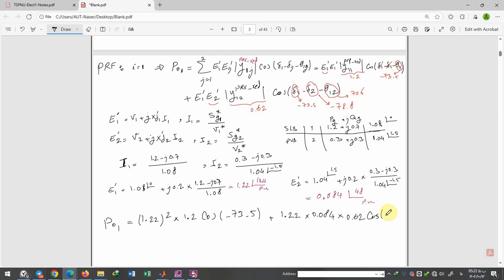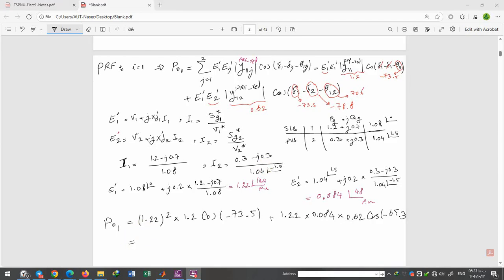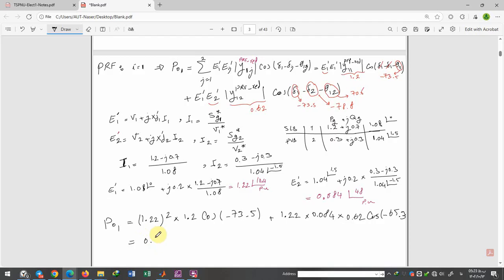This would be minus 65.3. So the output is 0.533, and so the active electrical output power of generator 1 is determined per unit.